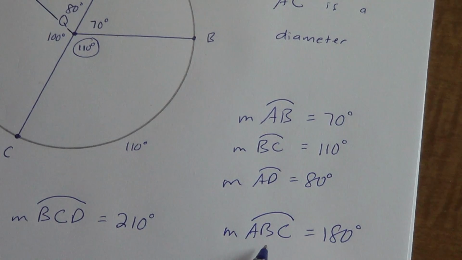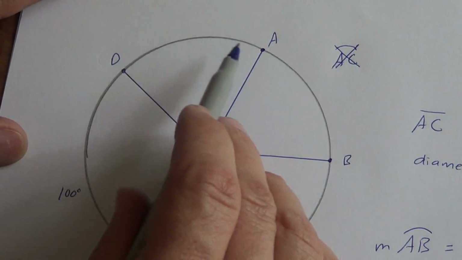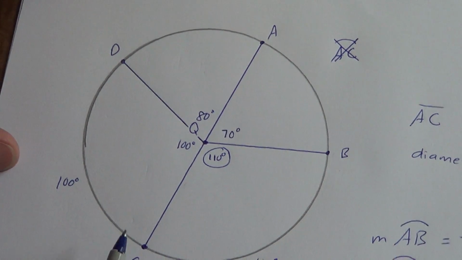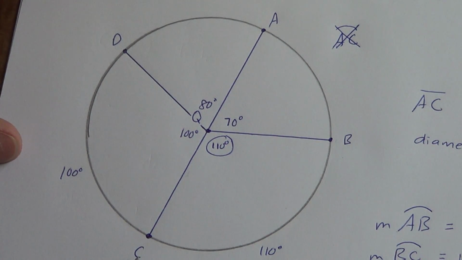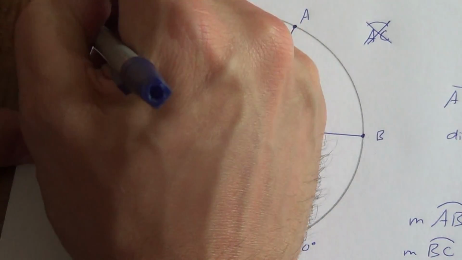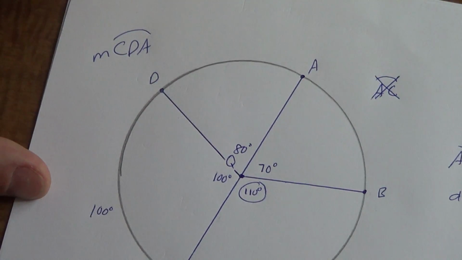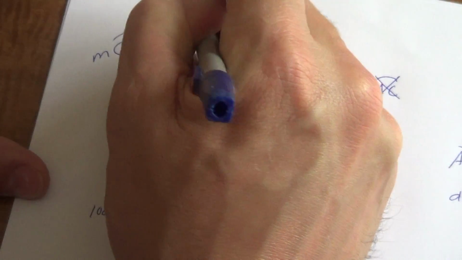This is a semicircle. So how would we name this one over here? Let's say you start down here: C, D, A. So the measure of arc CDA would equal 180 degrees.